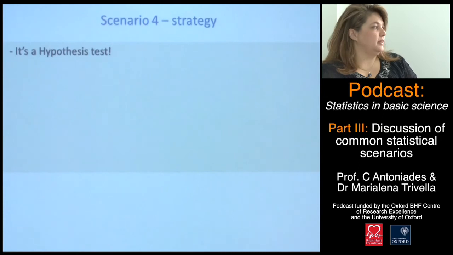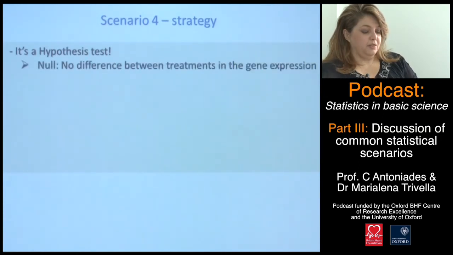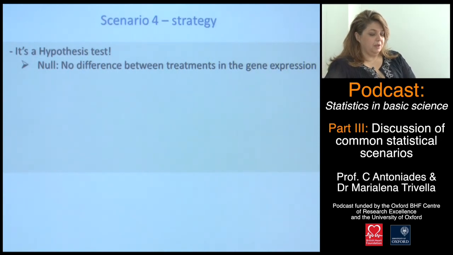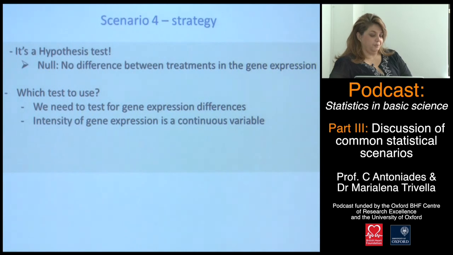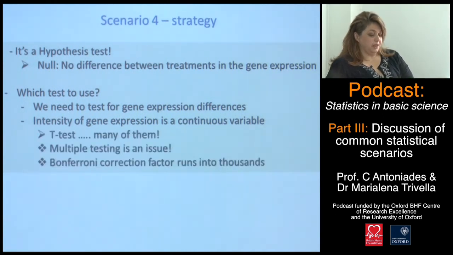First, we need, in essence, to realize that this is a hypothesis test. We're trying to explore the null hypothesis that there is no difference in the gene expression between the treatments that we're using. And I think that's probably the simplest element to start from here. Then we need to consider what tests we are going to be doing for the hypothesis. We're looking for gene expression differences. This is a continuous variable in that there is a measurable intensity of the gene expression.